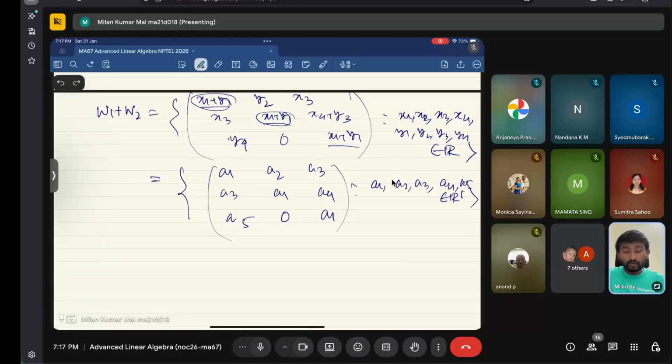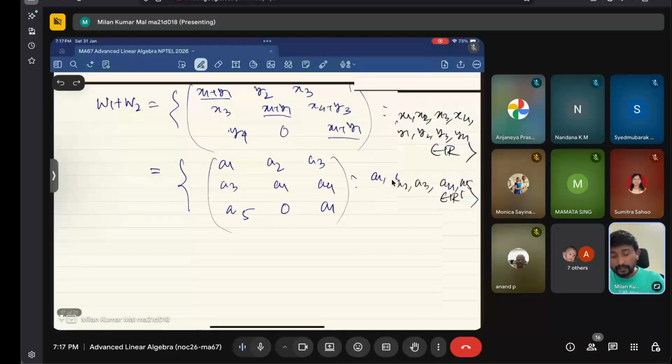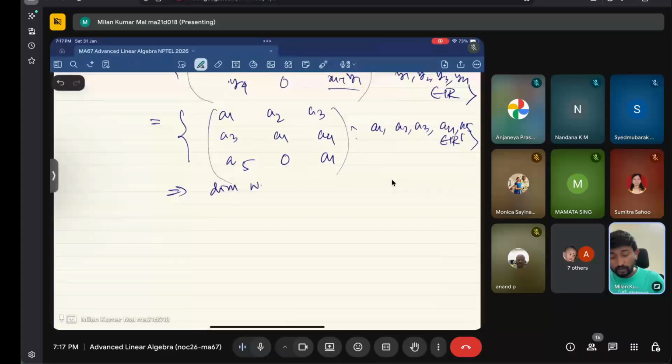Look carefully that no terms are involved with others. x3 appears only in its positions, y2 appears only here, y4 appears only here, and x4 and y3 appear together here. Separately they do not appear anywhere else. So they will not create any problem in considering it this way. So clearly, the dimension of W1 plus W2 is equal to 5.